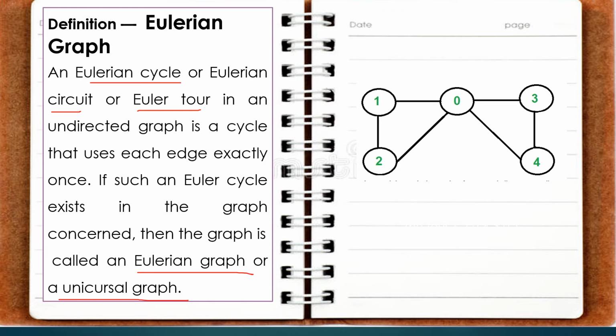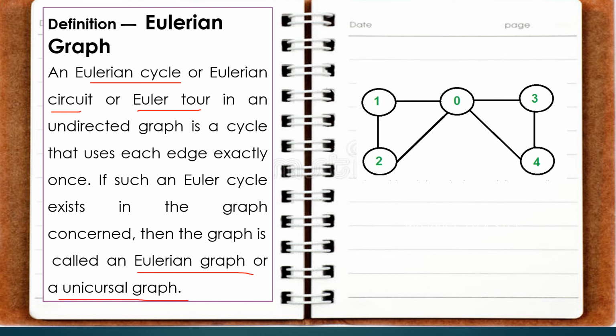Now in an Eulerian graph we have quite similar conditions. We have to use all the edges exactly once, but since an Eulerian graph has an Eulerian cycle or circuit, we have to go back to our starting vertex. It means that our starting vertex and our end vertex should be the same.